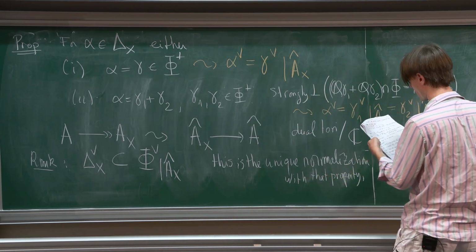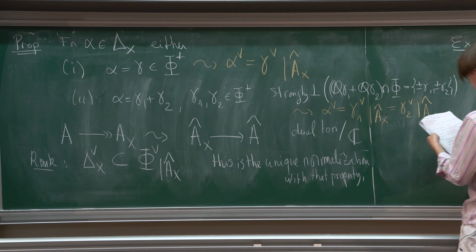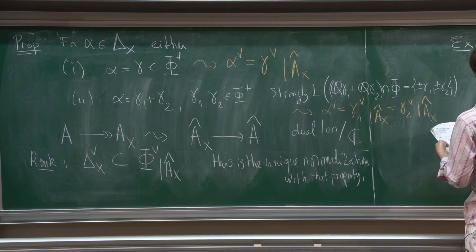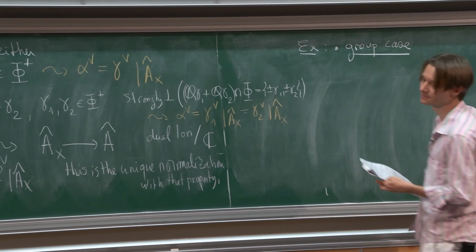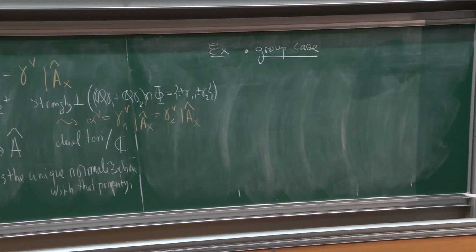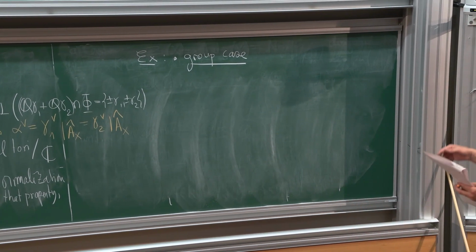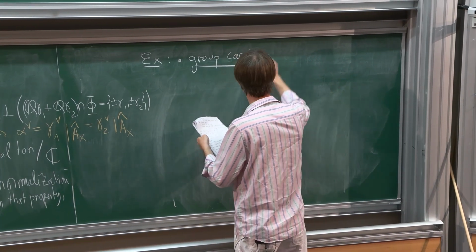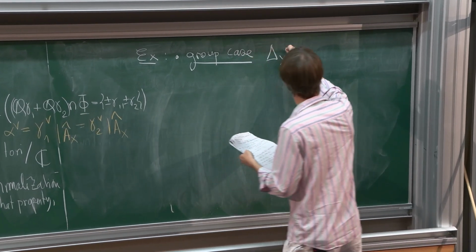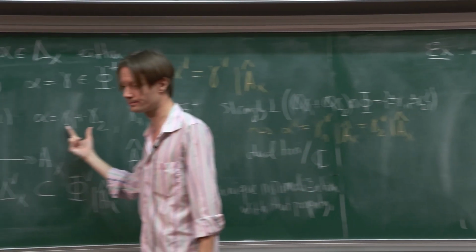And now I give an example. So again, the group case. Recall that AX is just AH, seen as a quotient of AH times AH in this slightly twisted way. Then delta X turns out to consist only of roots of this form.